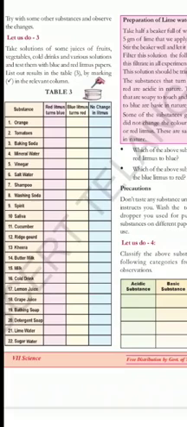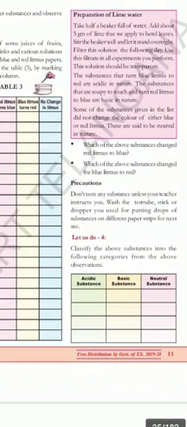So water is not acidic, neither acidic nor base. So that is a neutral substance. You check one by one and write in the column whether it is acidic, basic or neutral. You write one by one.